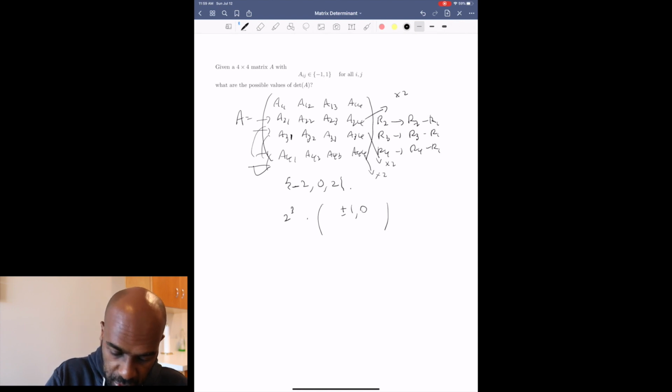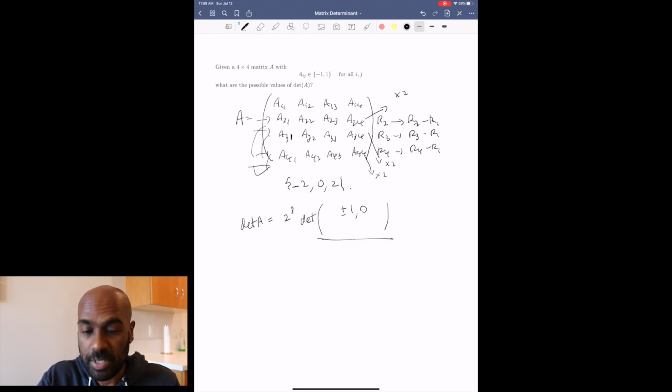And so the determinant of A is 2 to the third times the determinant of some matrix that looks like this. The reason is we factored out a 2 from each of the second, third, and fourth rows, and factoring out a 2 multiplies the determinant by 2.